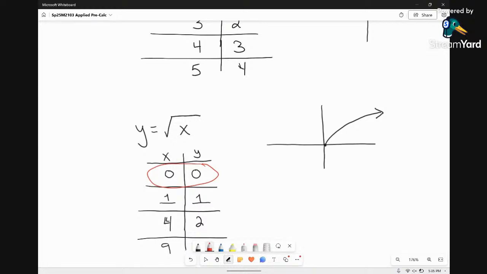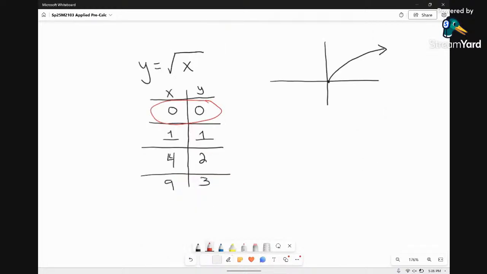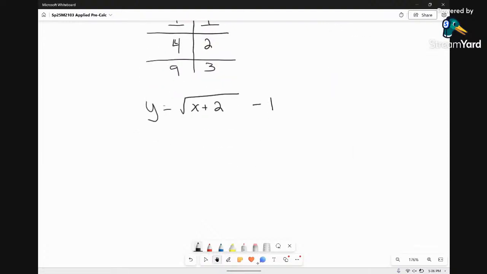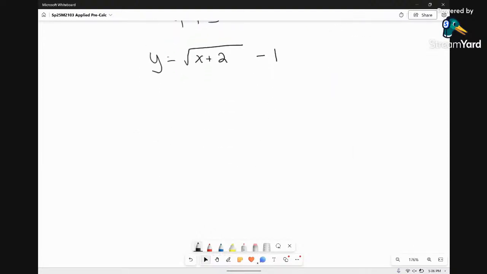For instance, y equals the square root of x plus 2 inside the function, and then minus 1 outside.